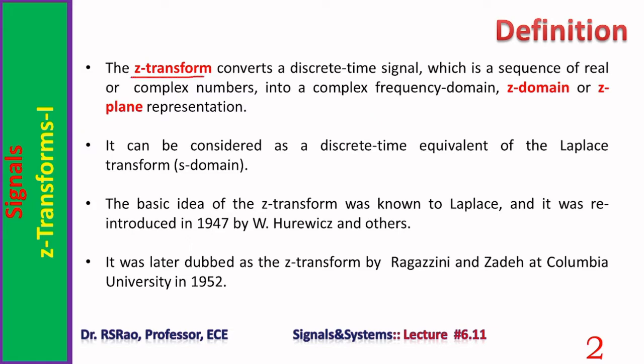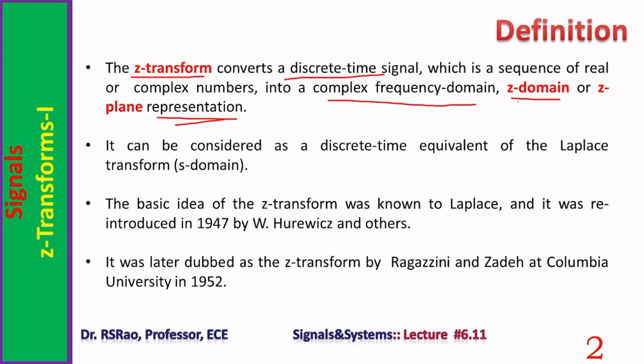The Z transform converts a discrete time signal, which is a sequence of real or complex numbers, into a complex frequency domain or Z domain or Z plane representation. It converts a sequence, a discrete time signal, from the time domain into a complex frequency domain.